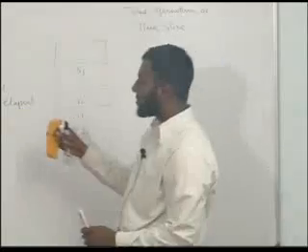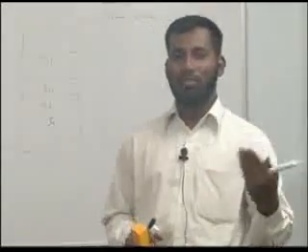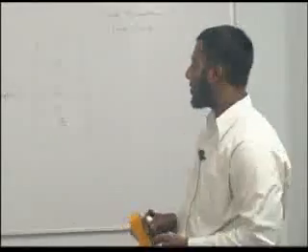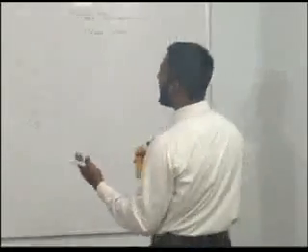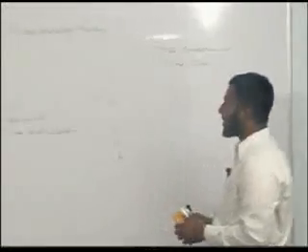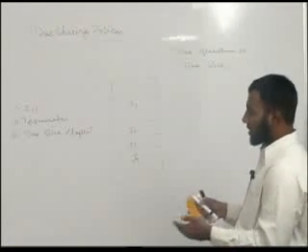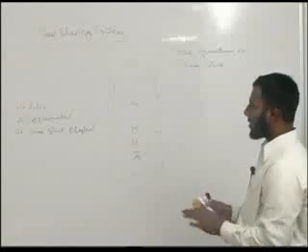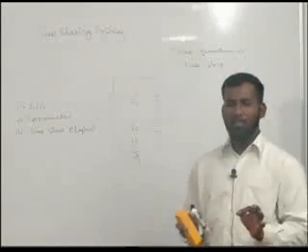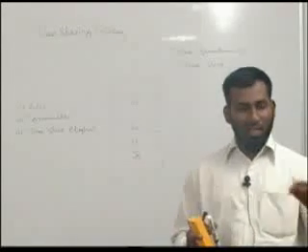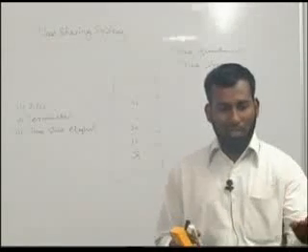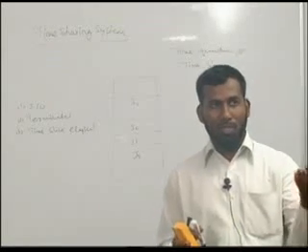Now, because of this time slice or time sharing, the response time decreased, and it's really a very good thing that we have decreased the average response time. So how do you define response time? Response time is the time interval between when a user has given an input and when he receives the output.